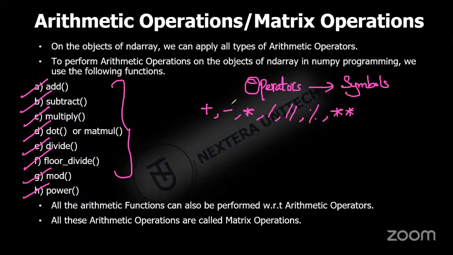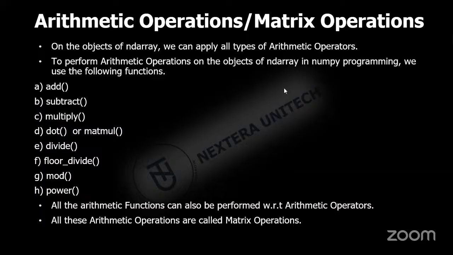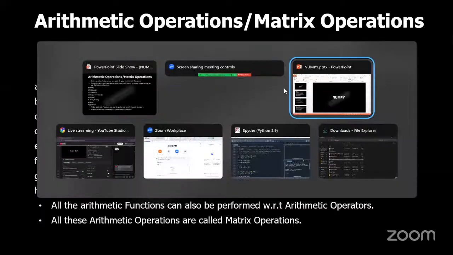Instead of using these symbols, let us use the functions that we have from NumPy. We know that NumPy allows us to perform vector calculations. So let's see what the output will be for these functions. Let me start with the add function initially.